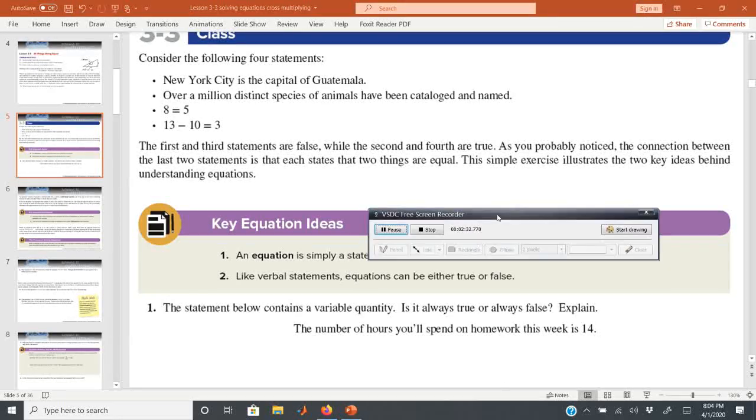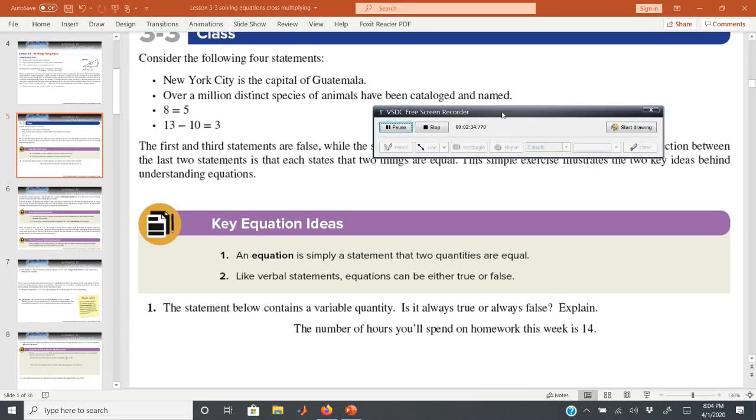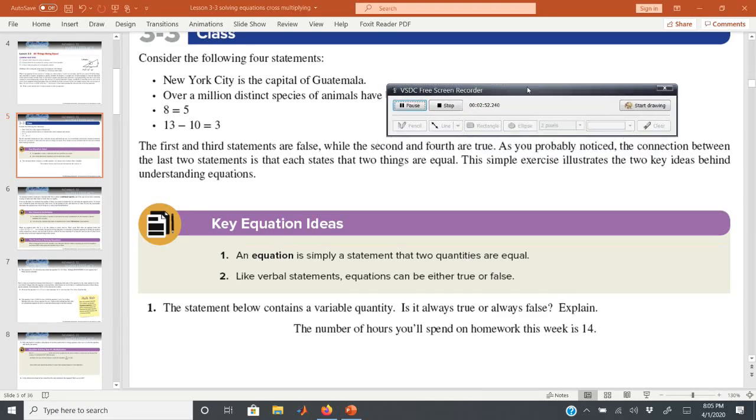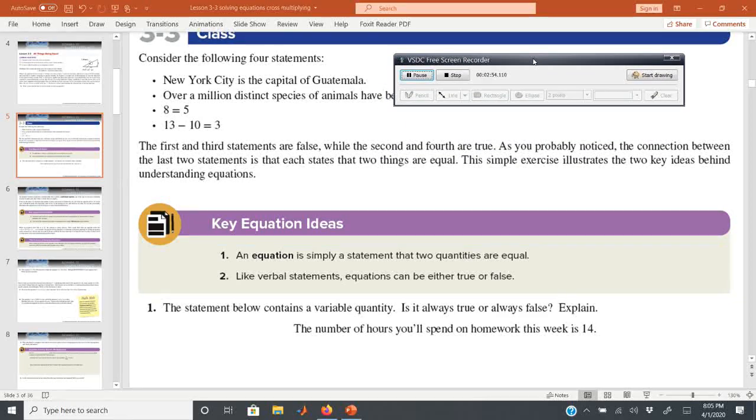If I can give myself some room here to answer the question. Question 1: the statement below contains a variable quantity. Is it always true or always false? Explain. We look at the statement: the number of hours you'll spend on homework this week is 14.